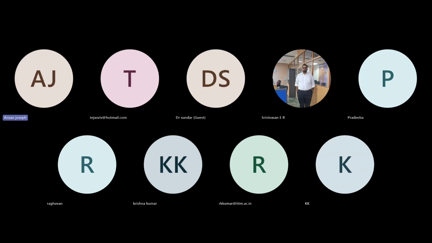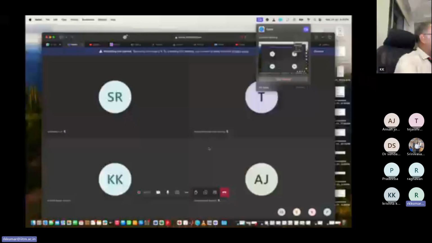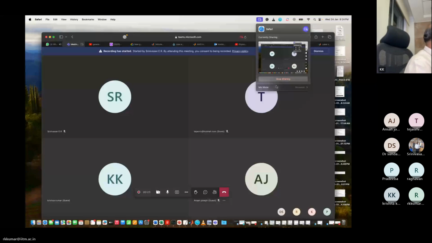Sir, I'm not seeing any screen. I think there was a problem. Now I share screen. I think there is an issue with my screen. It is share screen, desktop, share window.